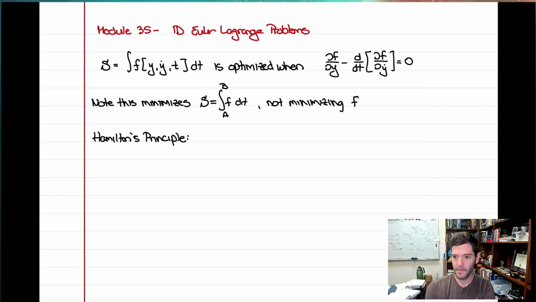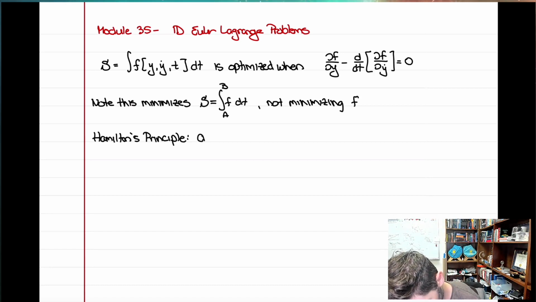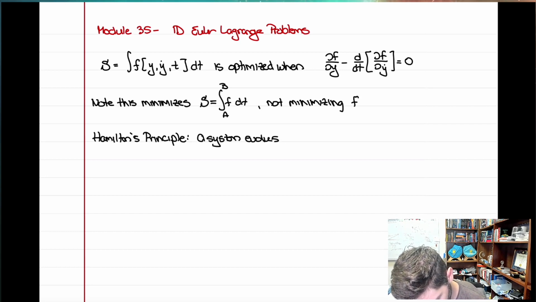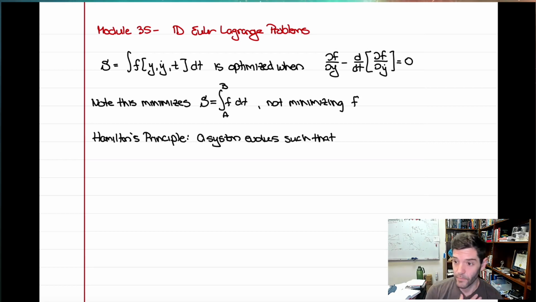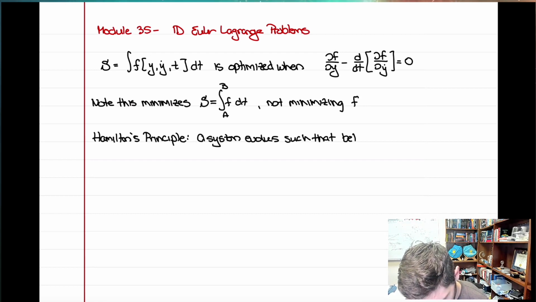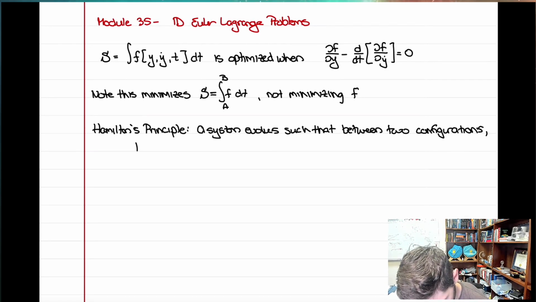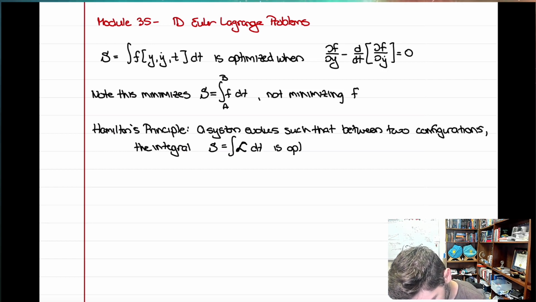And through careful studies that have later been proven through quantum mechanics, we now can say that a particular system evolves such that between two different configurations, the integral S, which is going to be an integral over this symbol, which I'm going to use a script L to write down, dt, is optimized.